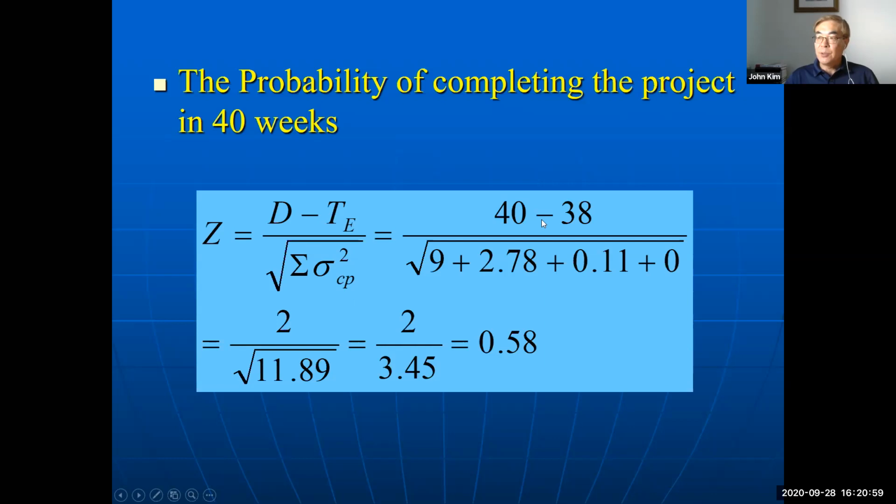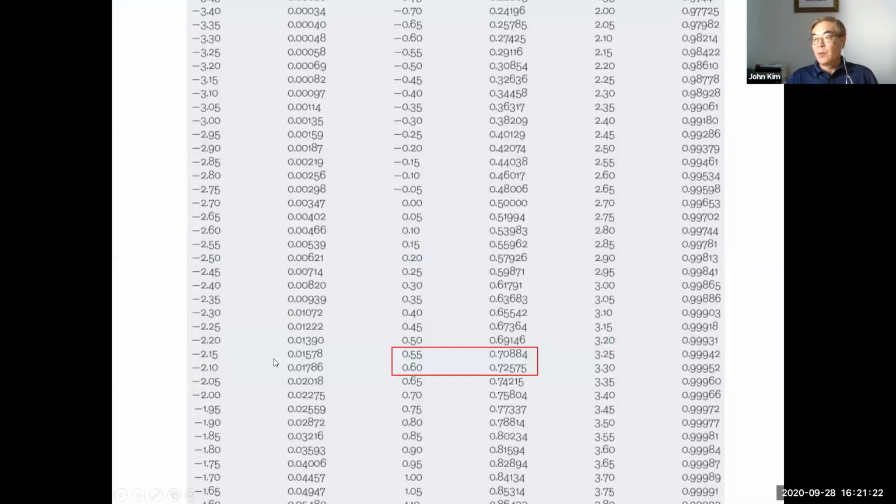So 40 minus 38 is 2 divided by the square root of 11.89 equals 2 divided by 3.45 equals 0.58. So find 0.58 on the chart. 0.58 is not there, but it is closer to 0.6.